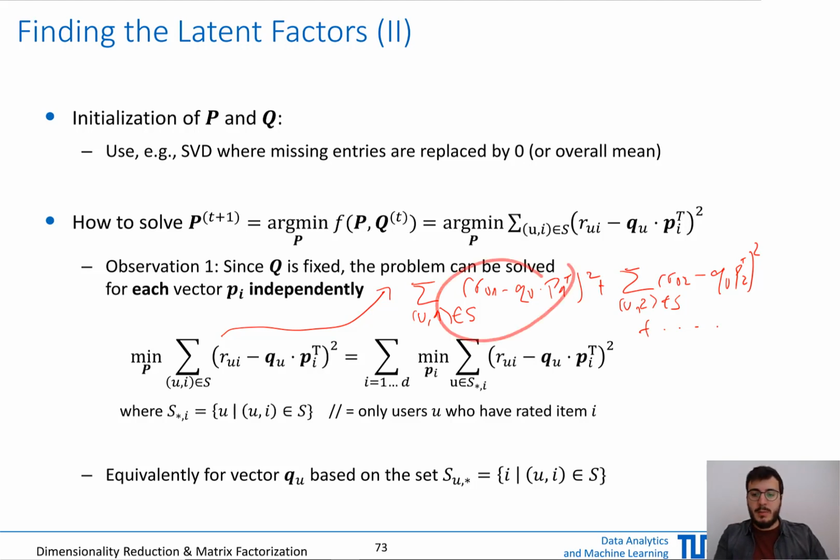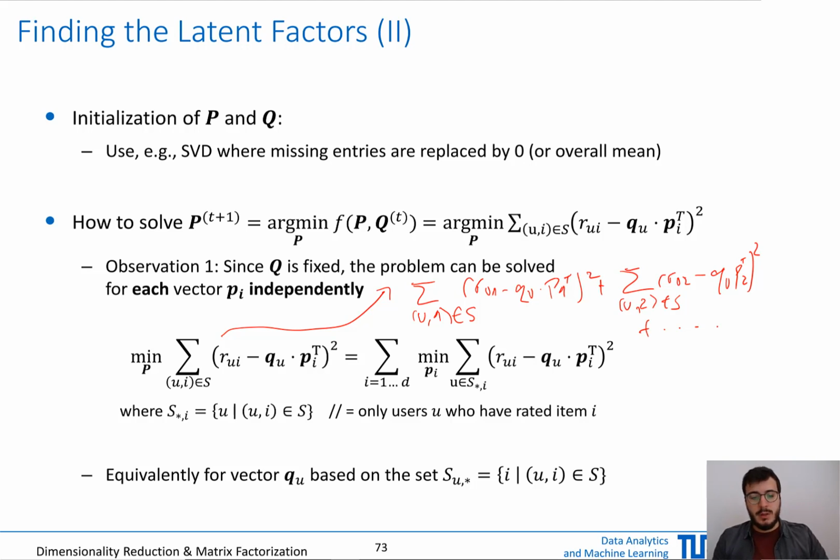If we minimize this term plus the next term independently, the whole sum will also be minimized. And this is what's written here. So essentially, the minimization problem on the left is equivalent to solving d independent optimization problems, one for each item.